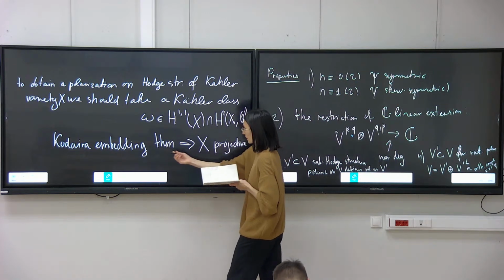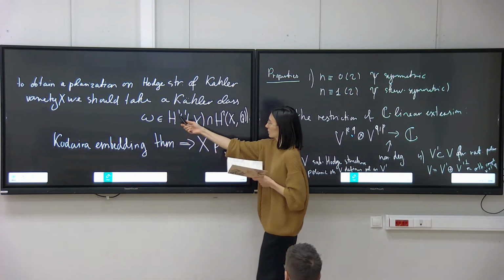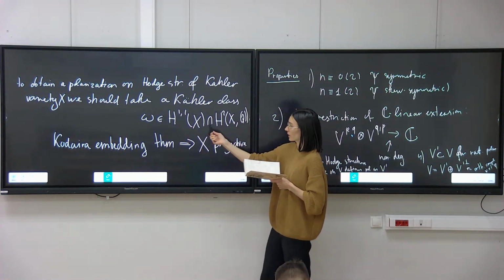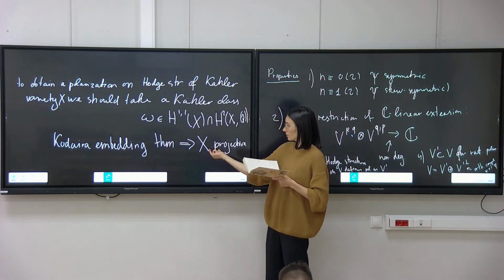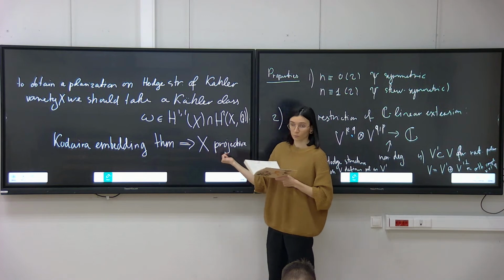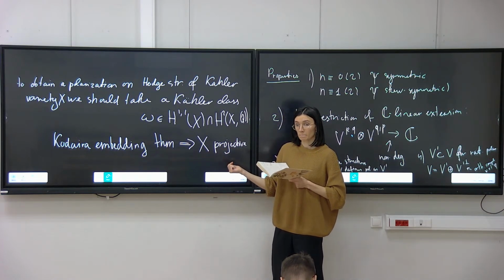So the Kodaira embedding theorem says that if we have such a rational Kähler class, then there exists an embedding of X into projective space. Okay?